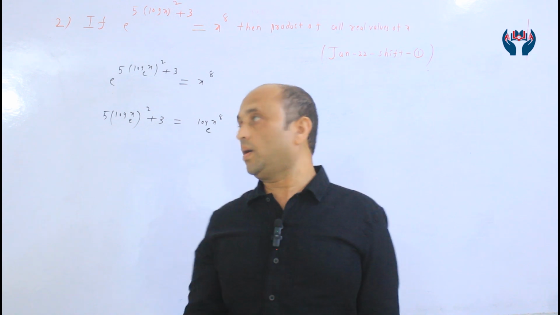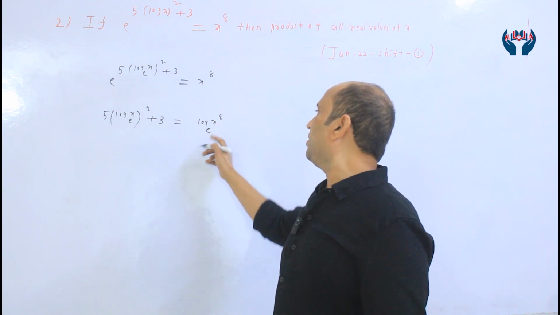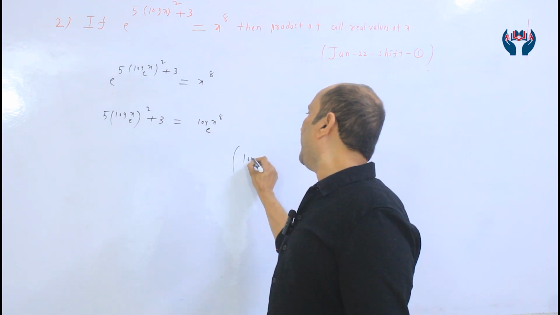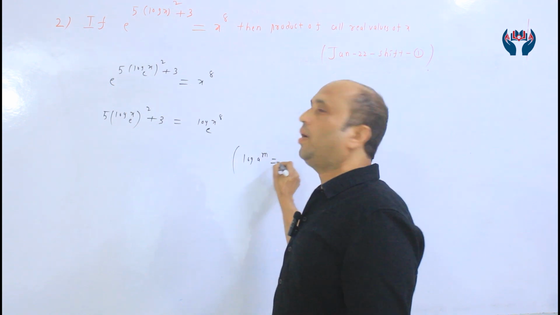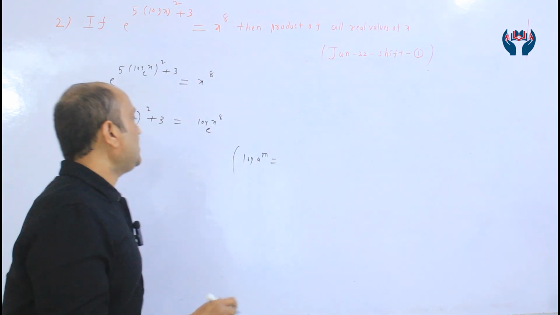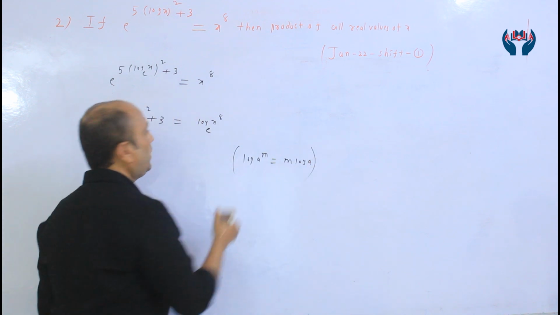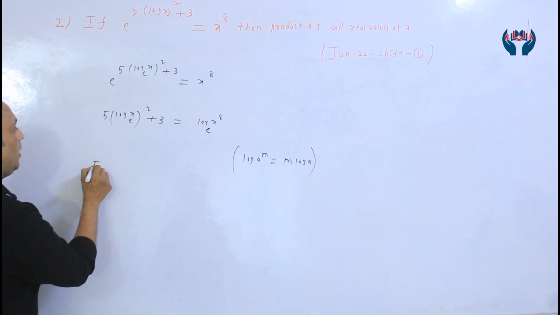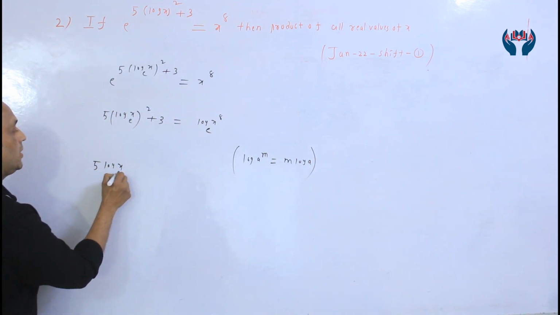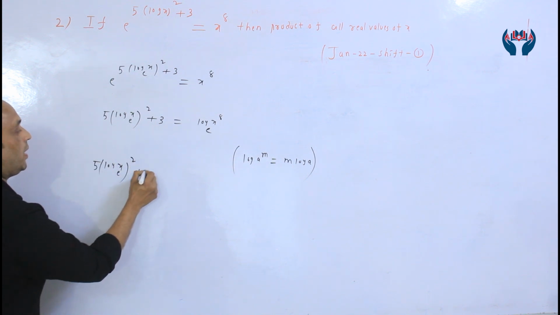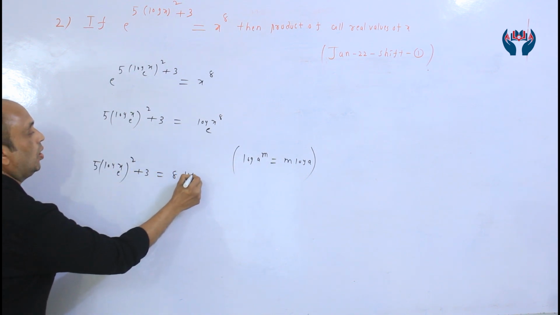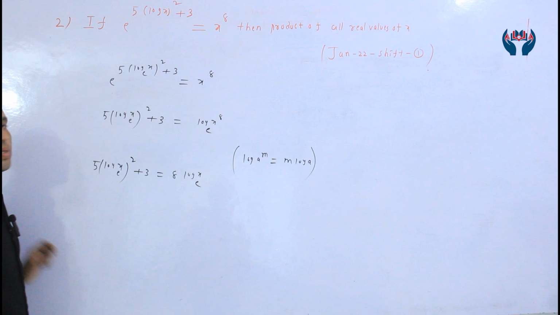This is in the form of log a to the power of m, which is m log a. Clear? So 5 (log x base e)² + 3 equals 8 log x base e.